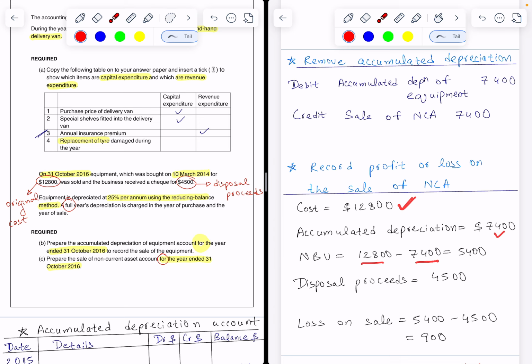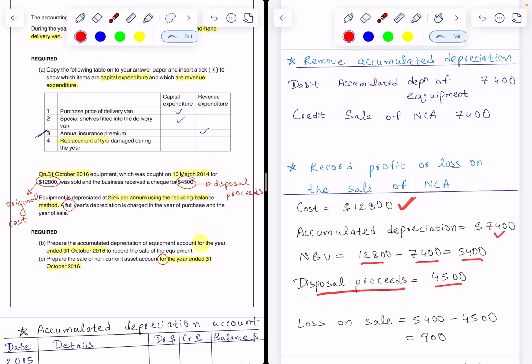So we subtract $7,400 from $12,800, which gives us $5,400 as the net book value. The net book value refers to the economic benefits or the value that is still available for consumption within this non-current asset, all right? We ended up selling this asset for $4,500, which is what we refer to as the disposal proceeds.